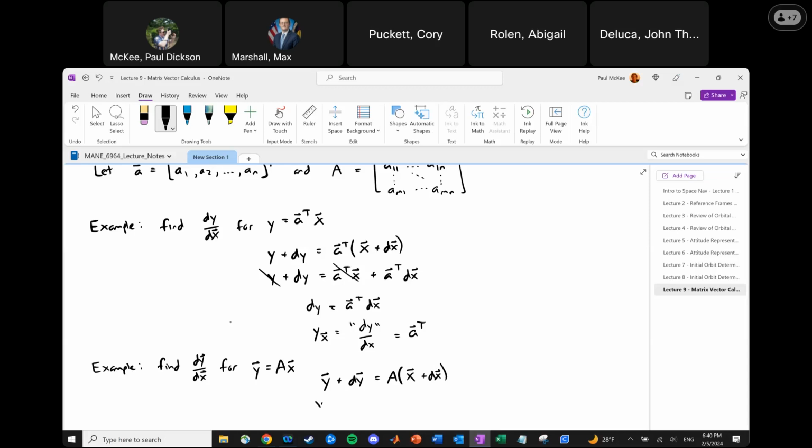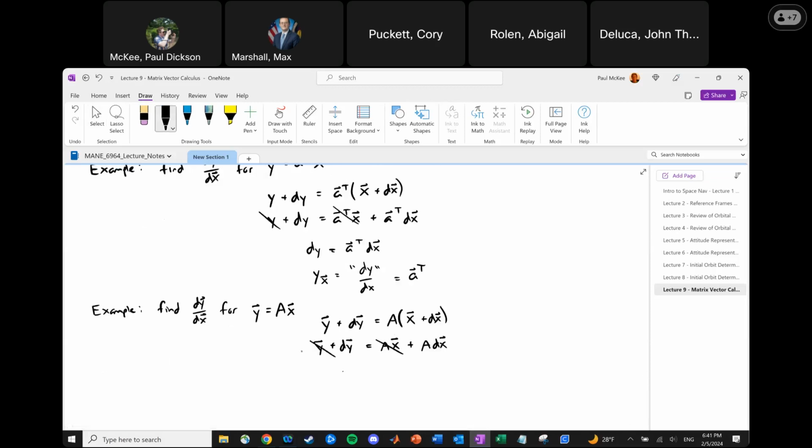That's the same thing as saying y plus a differential of y is equal to A times x plus A times some differential of x. Cancel, cancel. Oh gosh, this is starting to look really familiar. dy is equal to A dx, or dy/dx is just A. Okay, so hopefully this passes a sanity check.